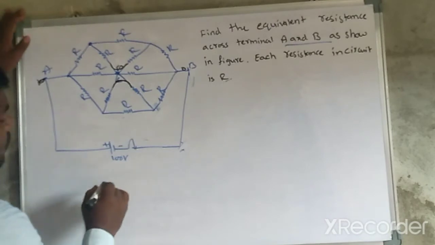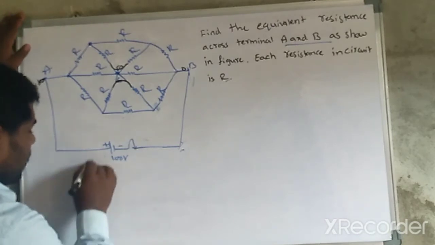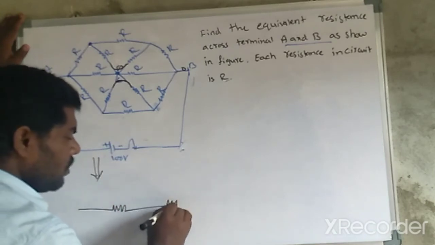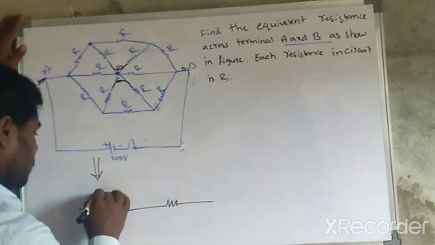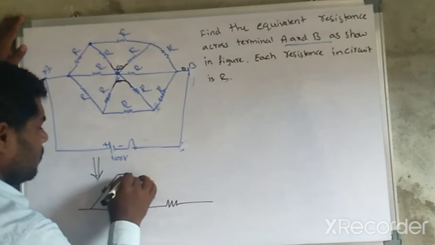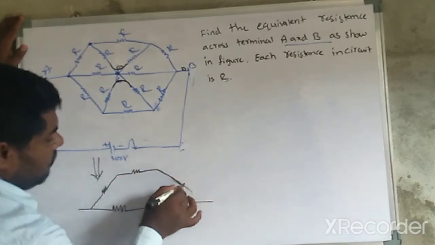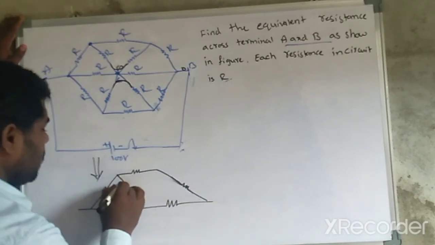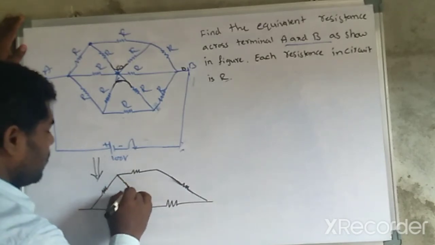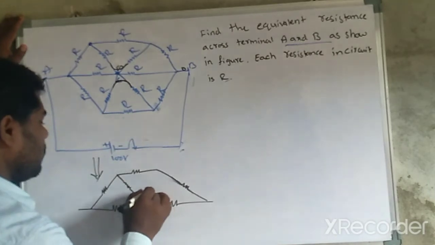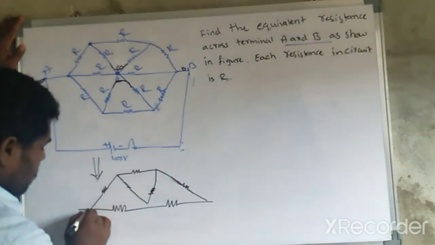It means the redrawn circuit diagram has this one resistor, this is another one, this is another one, and in between here another one, here another one, like this.